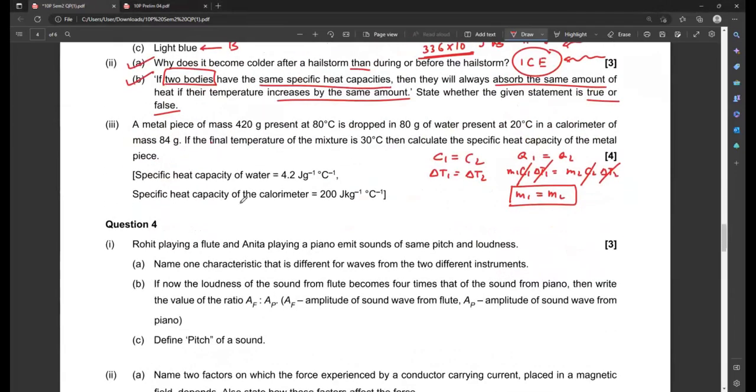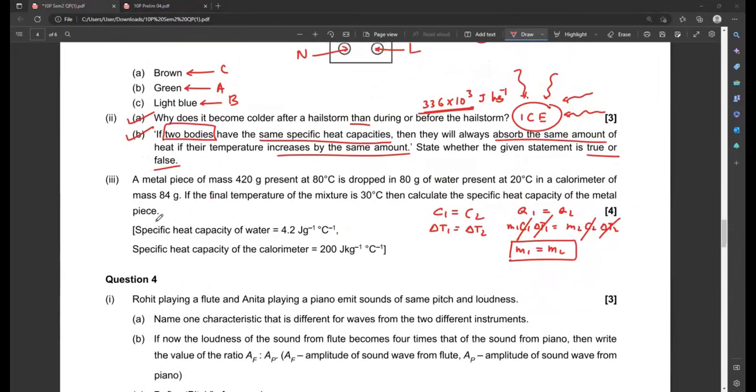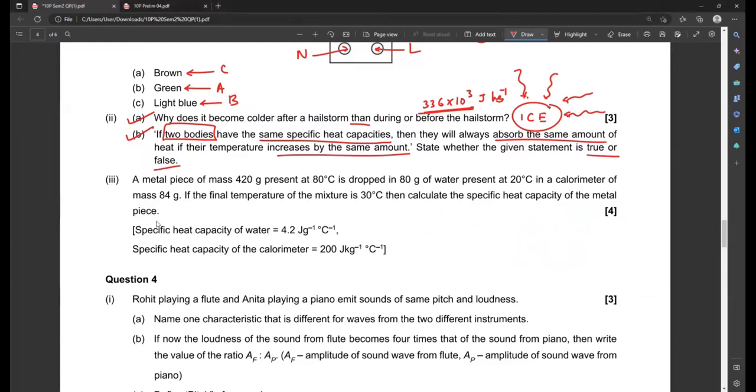Now, the next question: a metal piece of mass 420 gram at 80 degrees is dropped in 80 grams of water at 20 degrees in a calorimeter of mass 84 grams. Find the specific heat capacity of the metal if the final temperature is 30. Let me prepare this table. You have metal, water, and calorimeter.